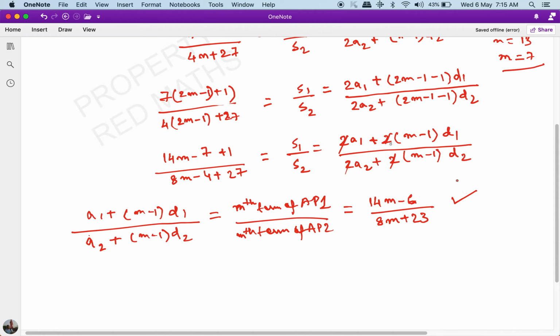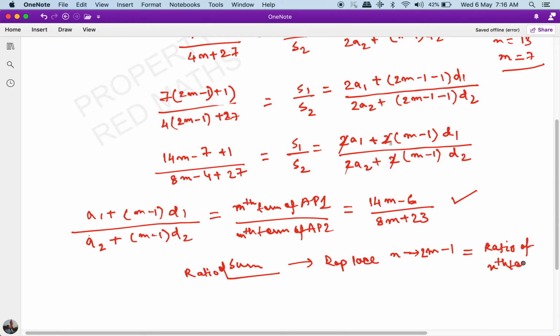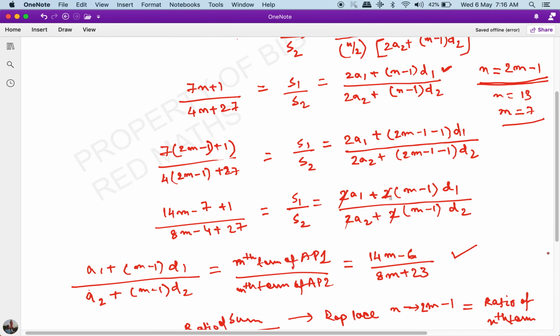Now remember, this is the trick here. Whenever the ratio of the sums is given, replace n with 2m minus 1, and you will get the ratio of the mth terms.